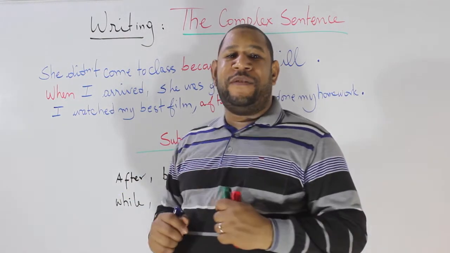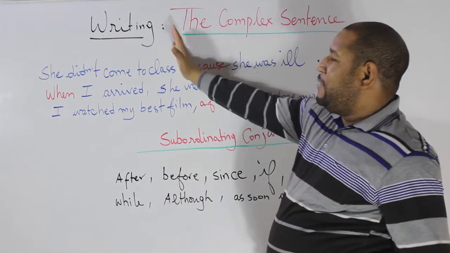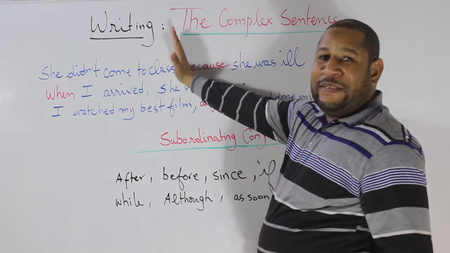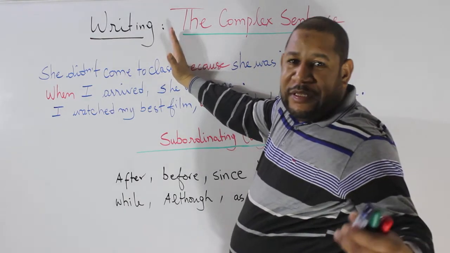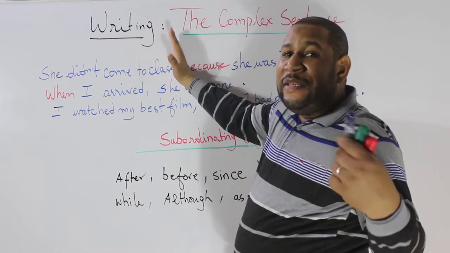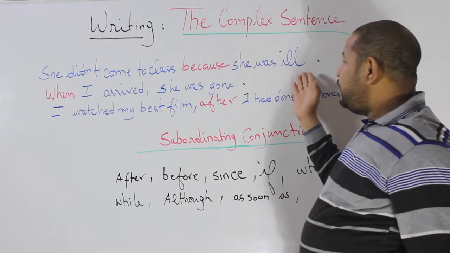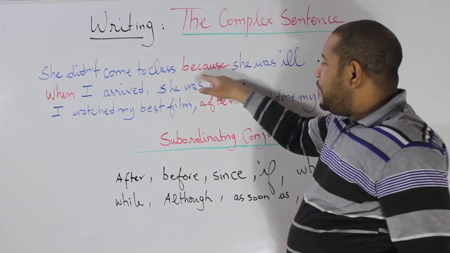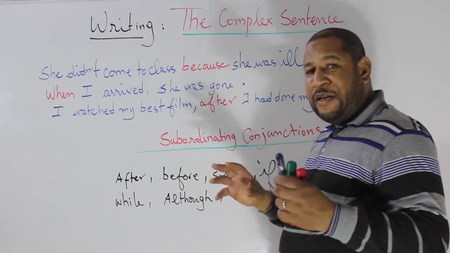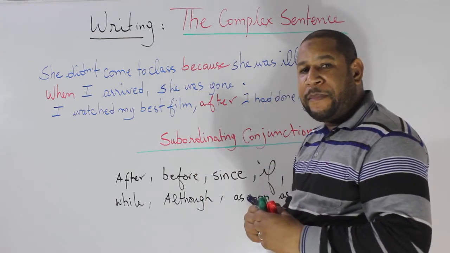So let's look at the first sentence we have here. She didn't come to class. That's a complete sentence. Or we can say this is a main clause or an independent clause. But the second one, because she was ill, is not a complete clause.